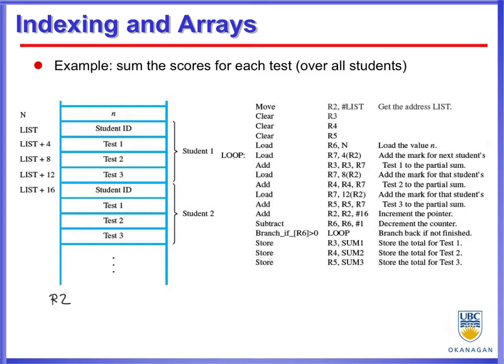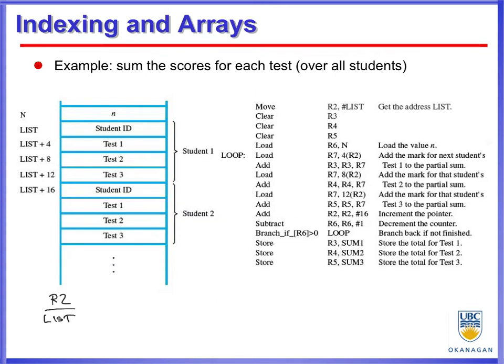We are using the immediate addressing mode, which means there is no effective address. The actual operand is list, and list is a memory address, a label that corresponds to a particular address in memory. So this address list is going to be moved into R2. So R2 contains list.